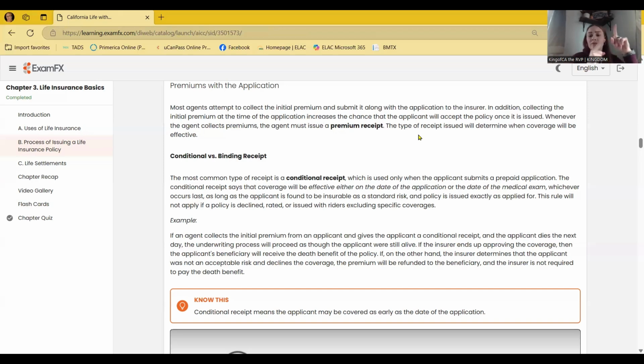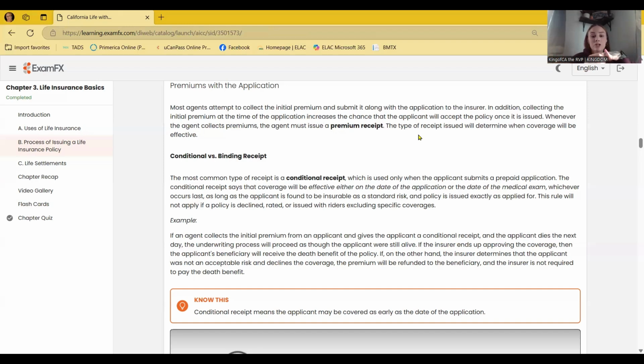So conditional receipts, these are very important because they tell the insurance company when this conditional coverage starts, so that there are no questions, no gray area on who should be covered and who should not.